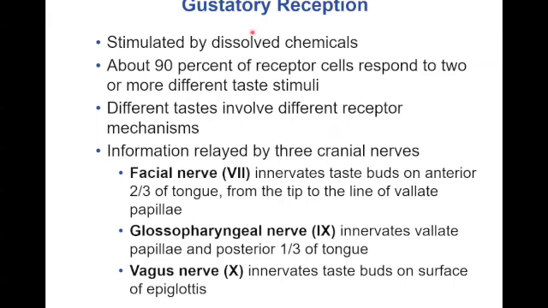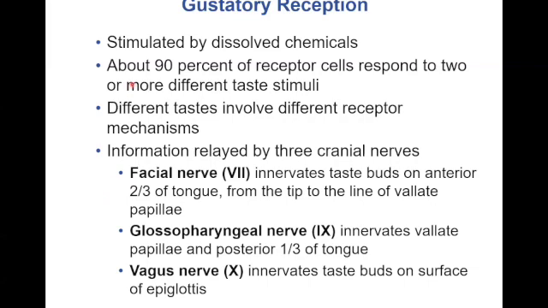And then the last thing here with the gustatory stuff, just to talk a little bit about the cranial nerves that are involved with gustation. This might show up in the exam as well. As you noticed last semester, cranial nerves and questions like that like to appear on exams and quizzes.